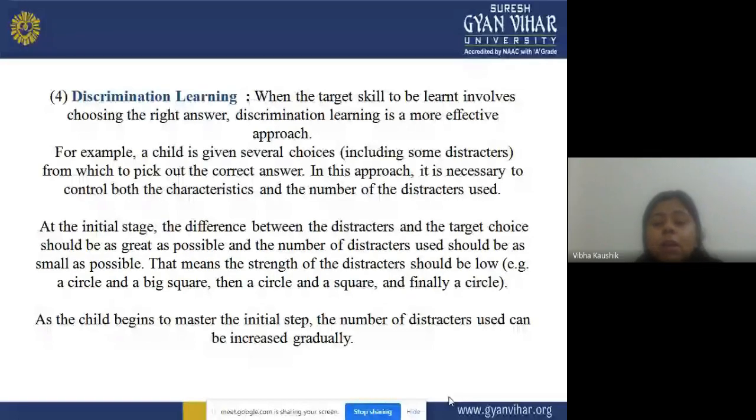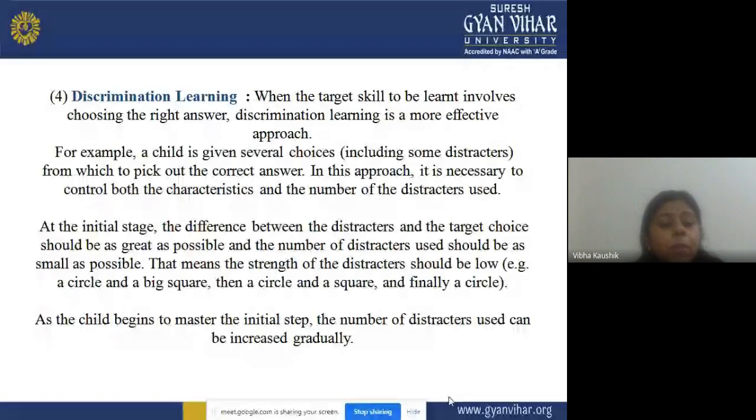The teacher should use very few distractors, though the number of choices can be more. The strength of the distractor should be low. Those things which are able to distract the learner should be low.